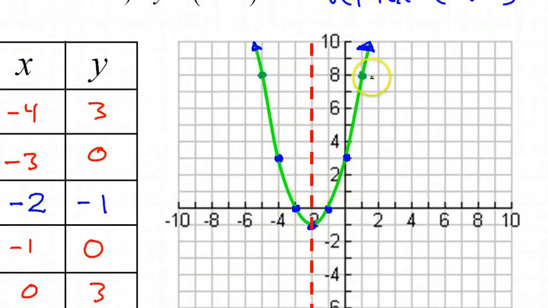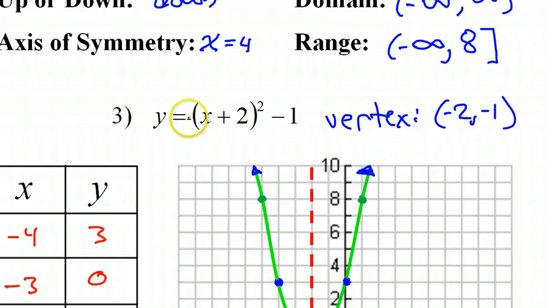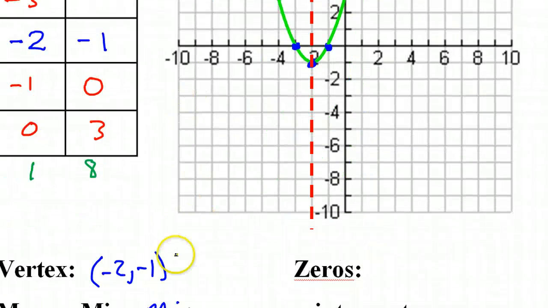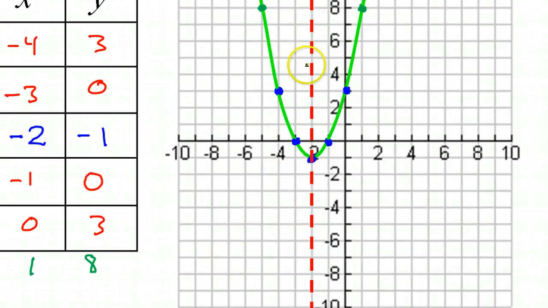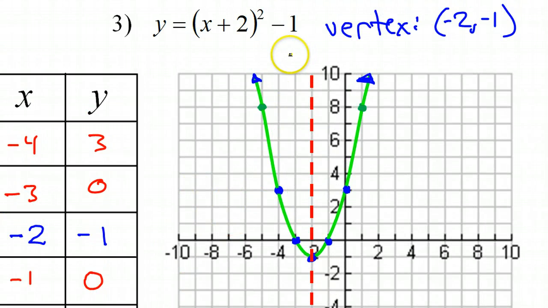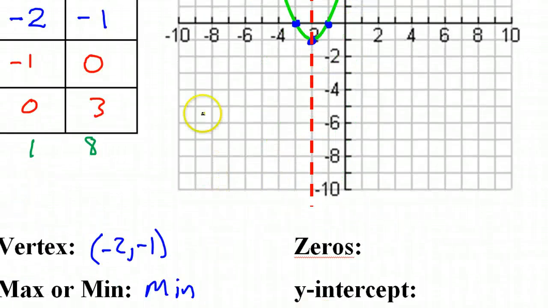We knew it would face up because it is a positive a value, and sure enough, it faces up. The axis of symmetry is this vertical line down the middle of the parabola. Vertical lines always have the equation x equals some number. This is a vertical line at -2, so it has the equation x equals -2.